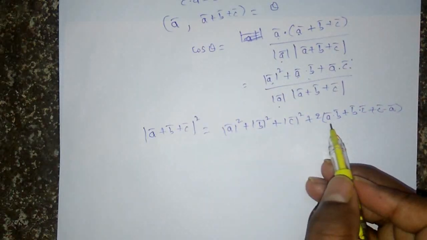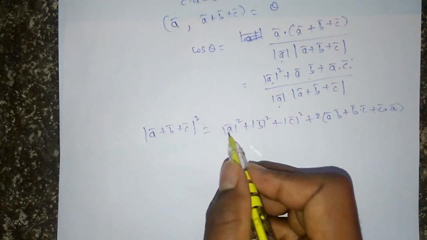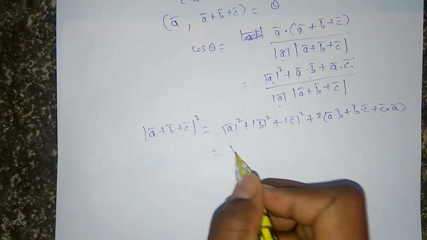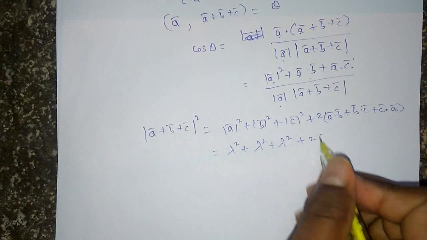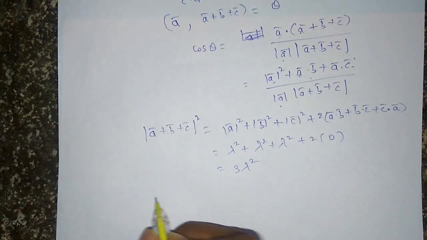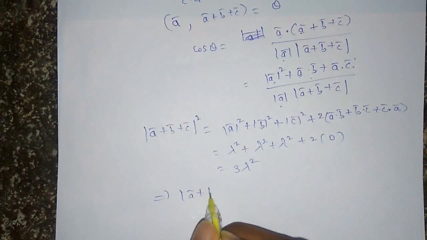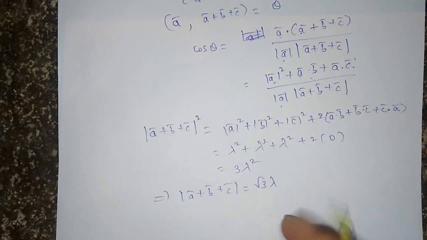We already have these values: a·b is 0, b·c is 0, c·a is also 0. This is lambda squared plus lambda squared plus lambda squared plus 2 into 0, which is 0. This is 3 lambda squared. Implies |a + b + c| is equal to root 3 lambda.